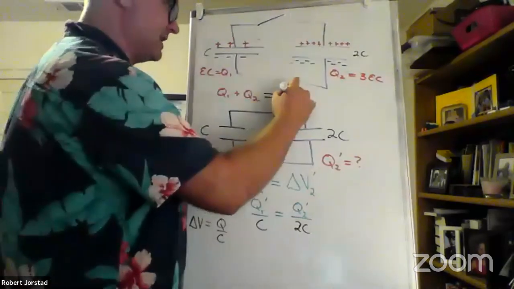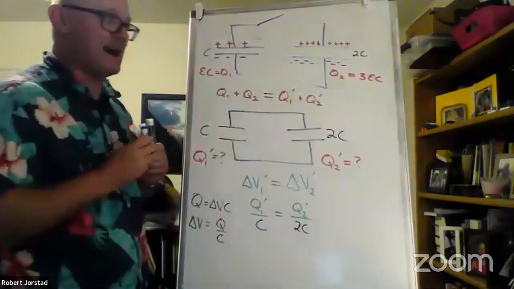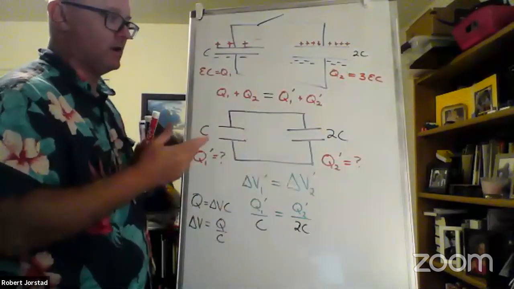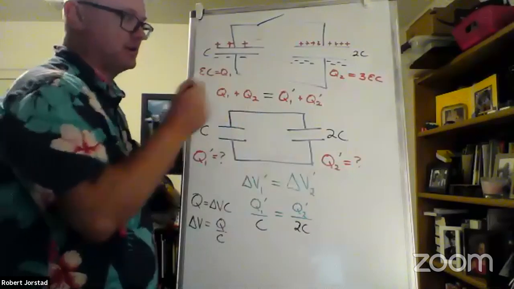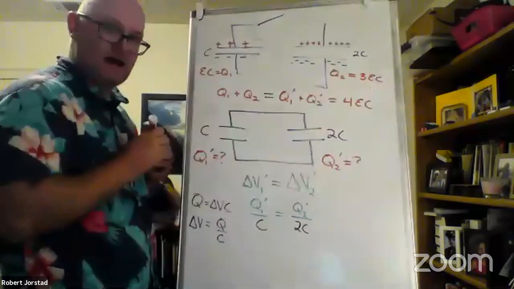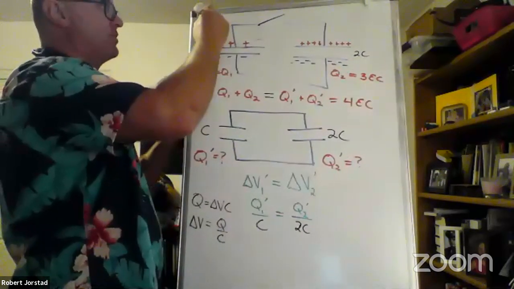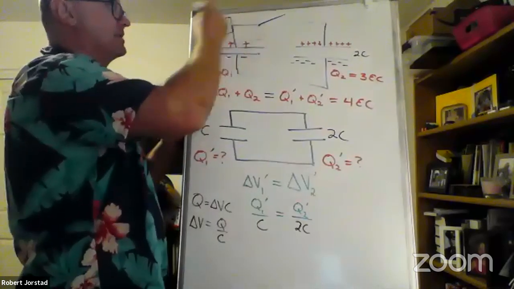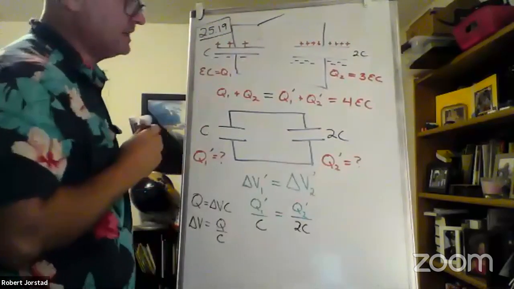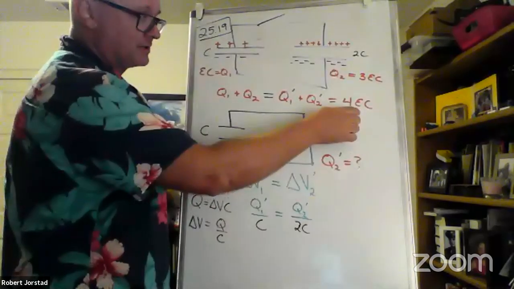So that would tell me this. Aha! I know the initial total charge is 4 EC. Why? Because the problem told me that. We are looking at problem 25.19. Sorry, I forgot to write the number. In this case, I know the total initial charge should equal those.